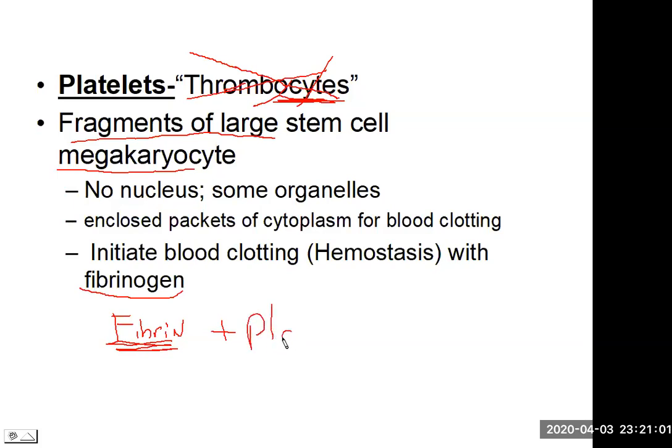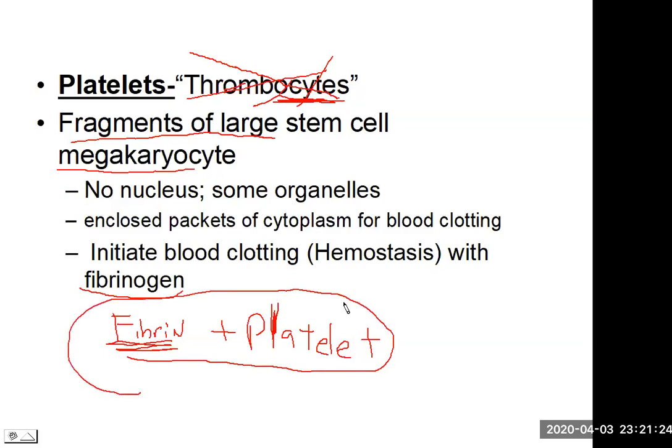So it's both the fibrin and the platelets functioning together. Let's just spell this out. So the fibrin and the platelets, trying to draw that nicely. Together, both of these are now involved in blood clotting. So we need two halves there.